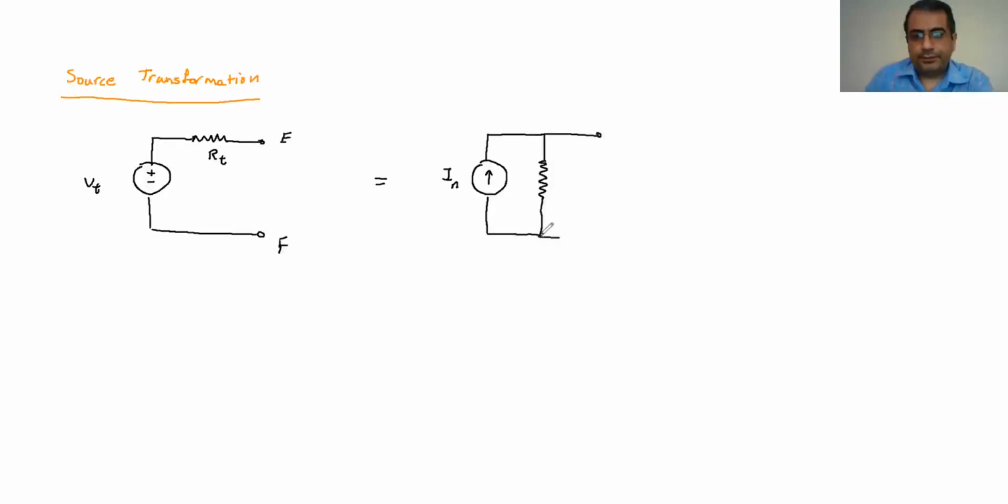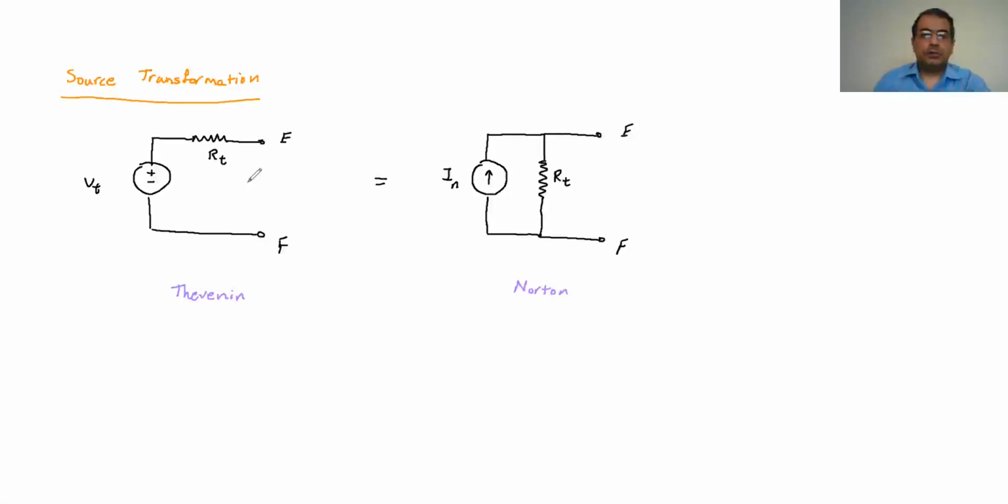That's going to be RT, E and F. If I have this, I know that I can replace every circuit that I'm given with the Thevenin, this is the Thevenin, or we can replace it with the Norton. So these two basically behave in the same way. Whatever happens for the EF here, it's going to happen the same for the EF here. They behave the same way.